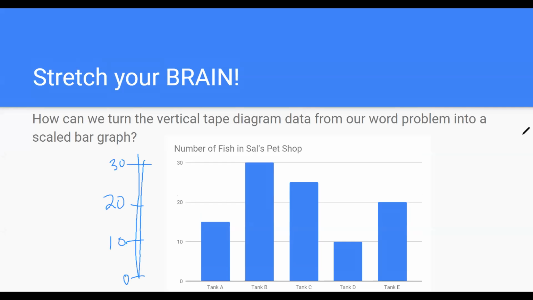We used groups of 5, but if you could imagine partitioning each 10 in half, then you would see the scale that we used. And along the bottom are the different tanks.